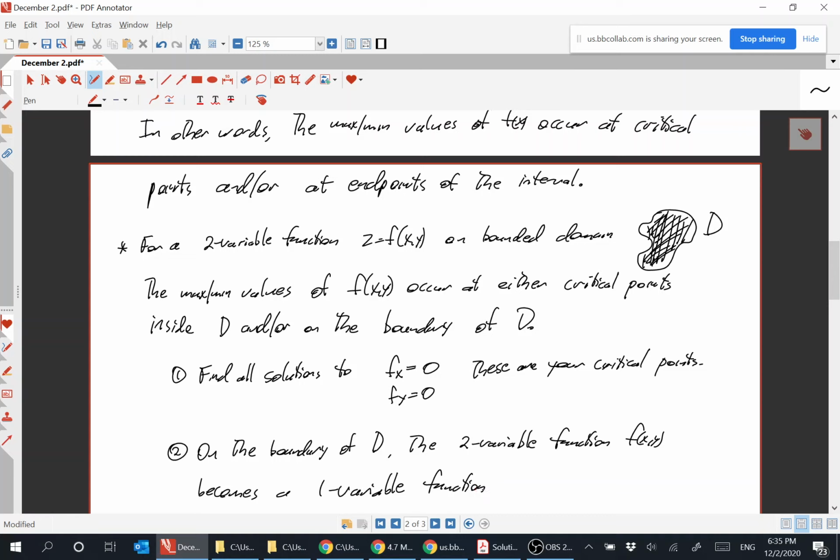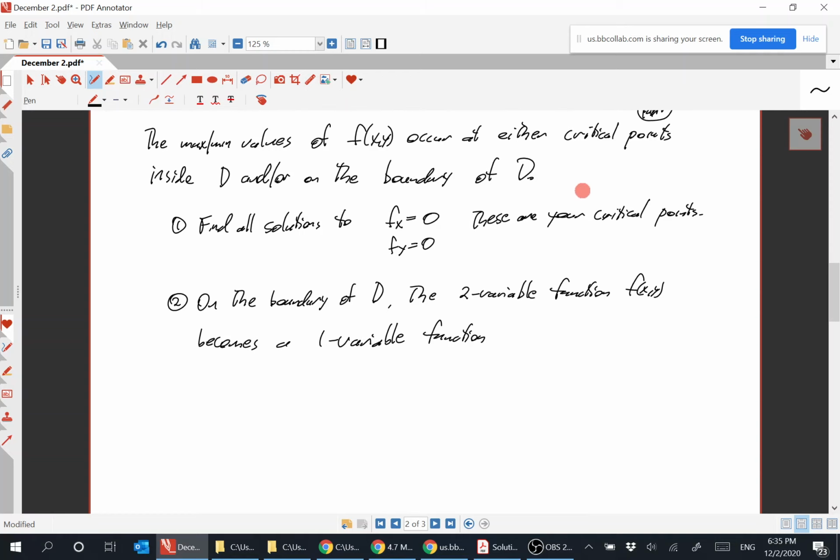Why? Because the boundary can be described as a curve of one variable. Well, if you can do it that way, which in all the problems I ask, you can. So on the boundary of D, the two-variable function becomes a one-variable function. Find the max and min values of the single variable function.